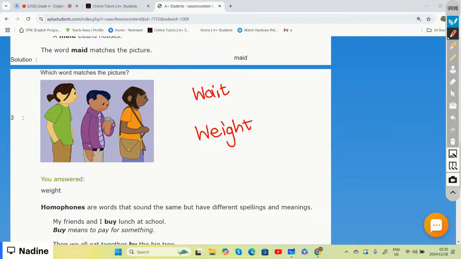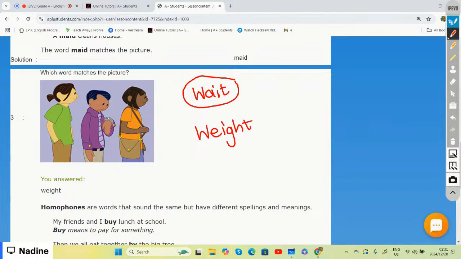So if we were to choose the correct word based on the picture, then it is yes, wait, which is WAIT. It's like they're waiting in line. That is why the picture shows that they are standing behind each other. So I'm sure they are waiting, probably waiting to be helped.